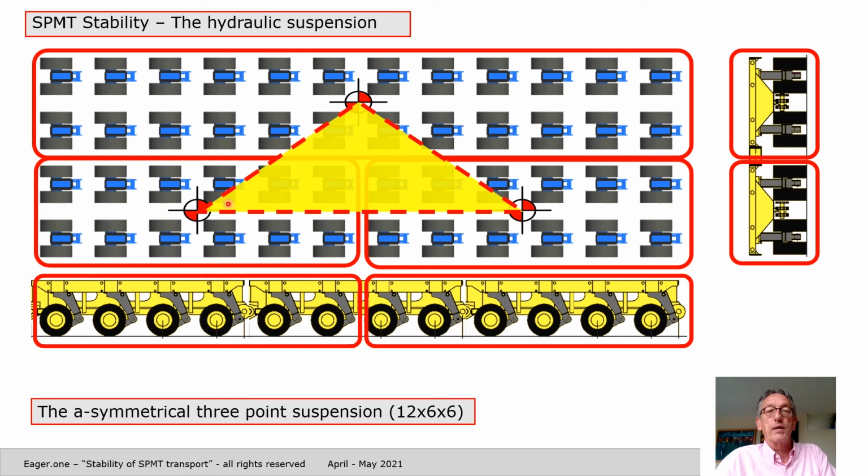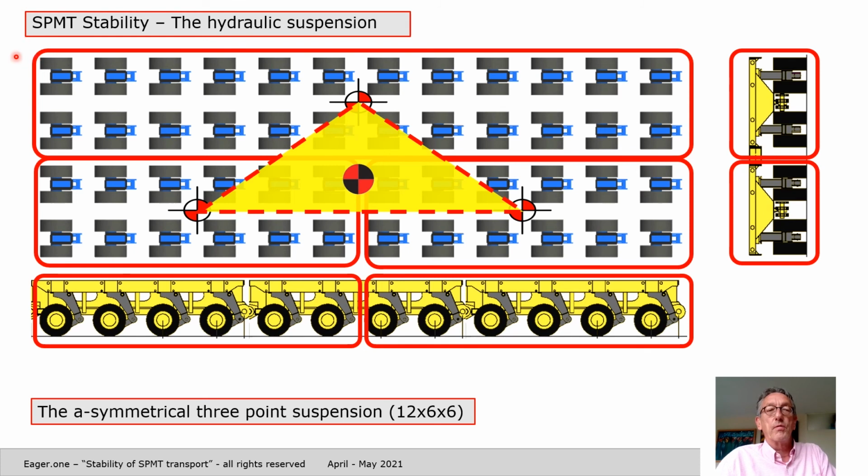And this triangle, well, it depends on the routing, it depends on the position of the center of gravity, if this asymmetric setup is more favorable than the original 3-point suspension.